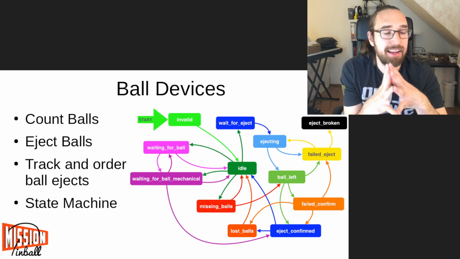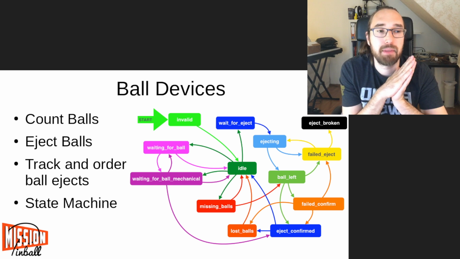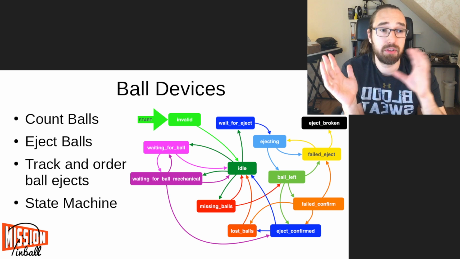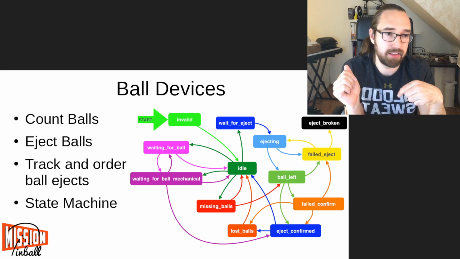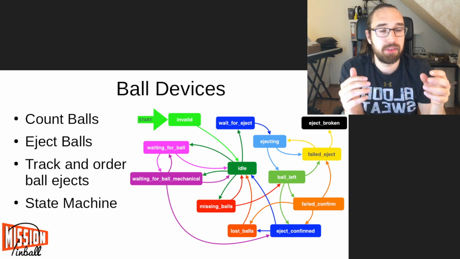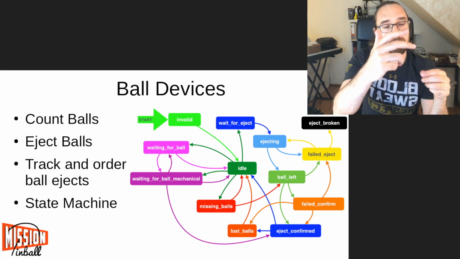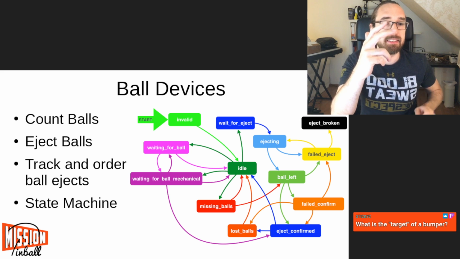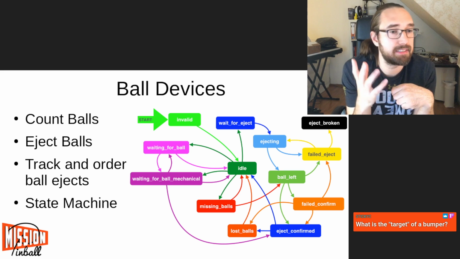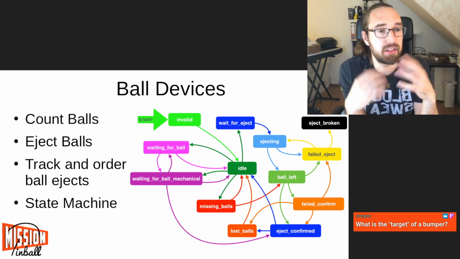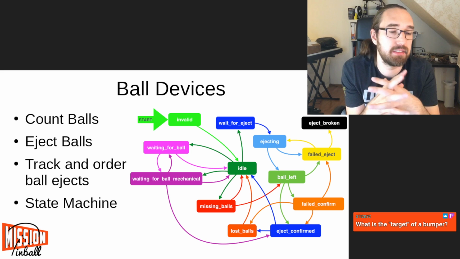There are cases where, for example, you got a trough, you got a plunger, and then you got a third device, and the plunger goes into that device. Now it's possible that you eject the ball, and the player instantly plunks the ball into the next device, and we got heuristics to detect those cases, for example.